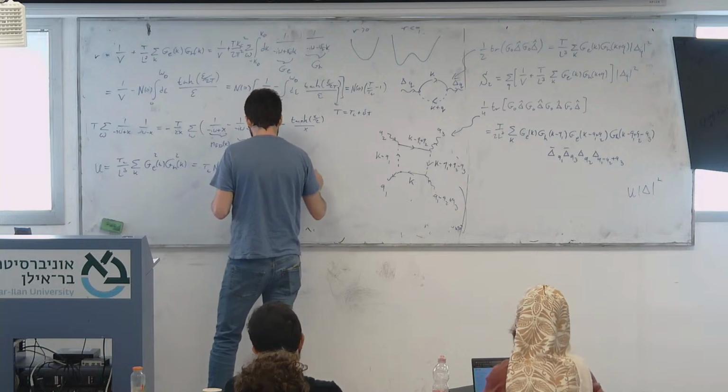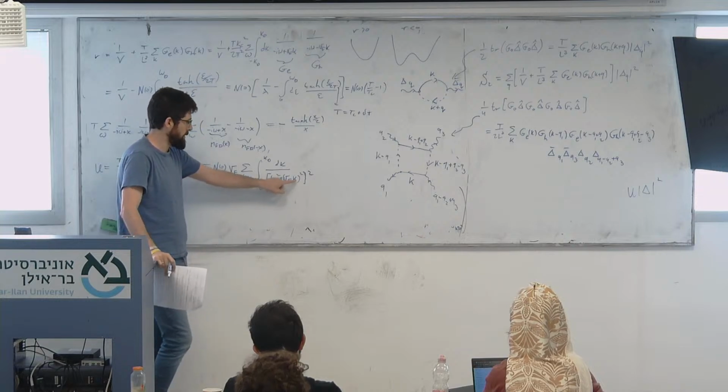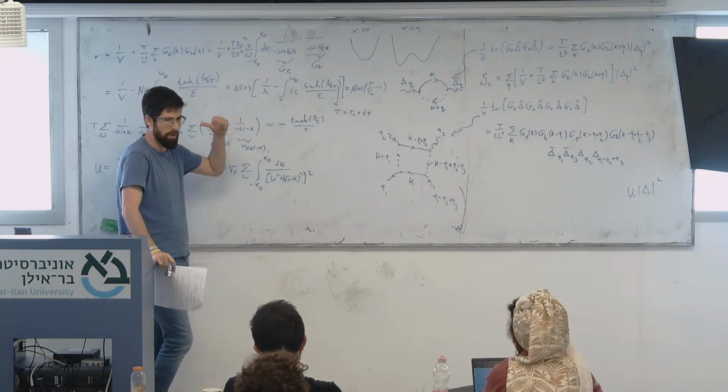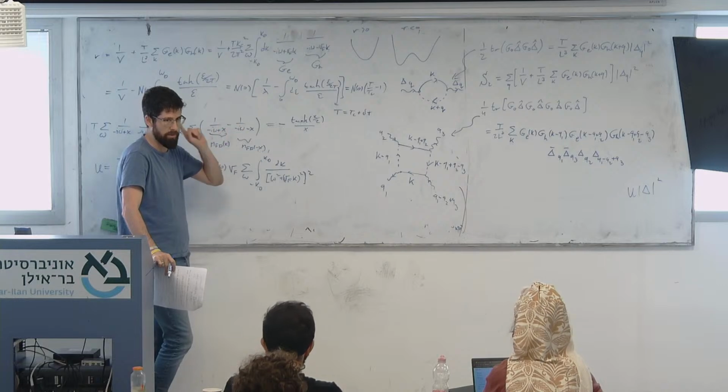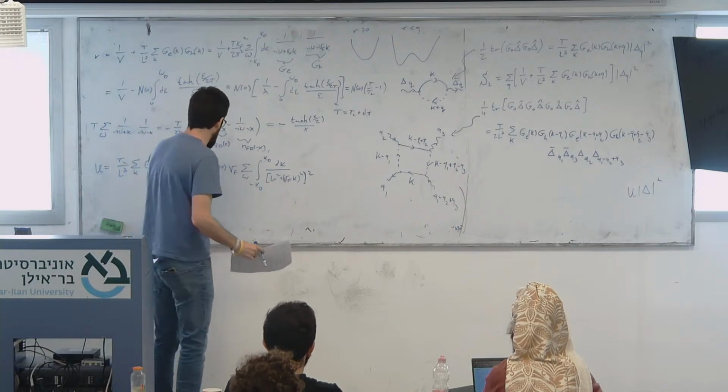By the way, notice that this k in Vf is not the k we had before, it's k relative to the Fermi surface. Just to point out, so I made it shorter.